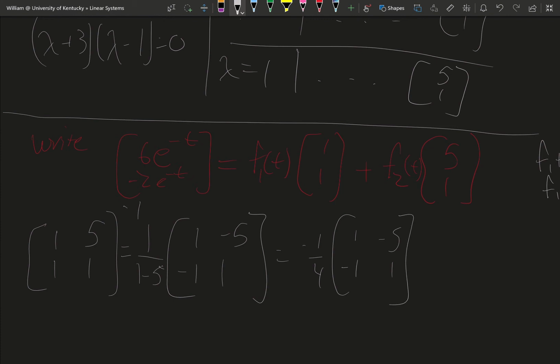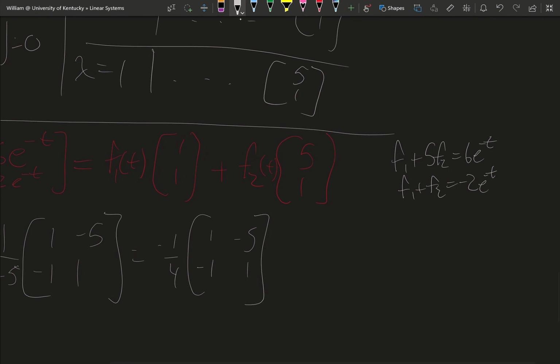And what we do now, if you think about this in terms of writing this as a matrix equation, we want to solve for f1 and f2. All that we do now is take this and multiply by our original vector.